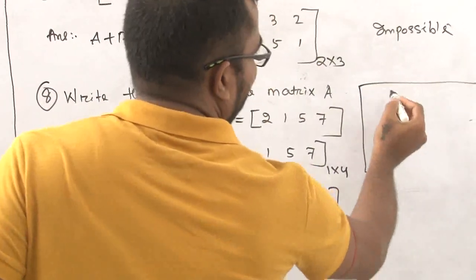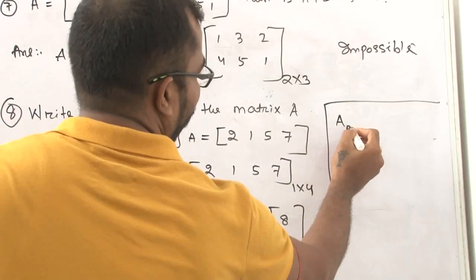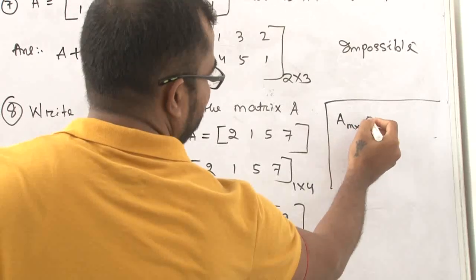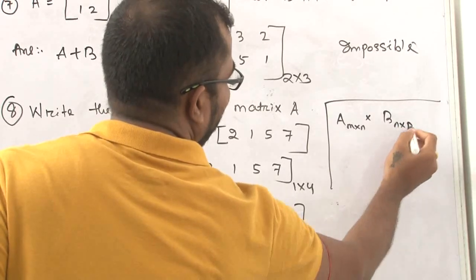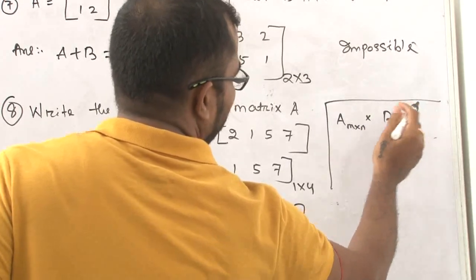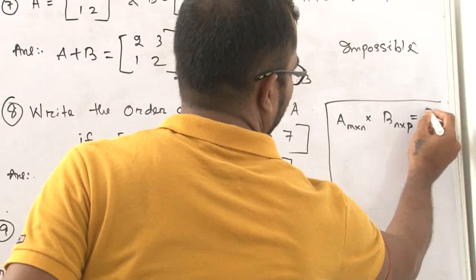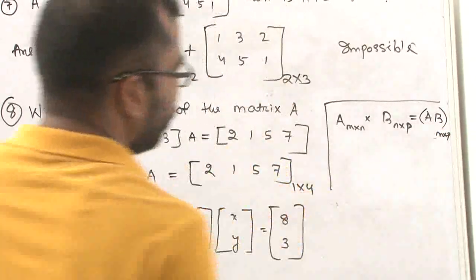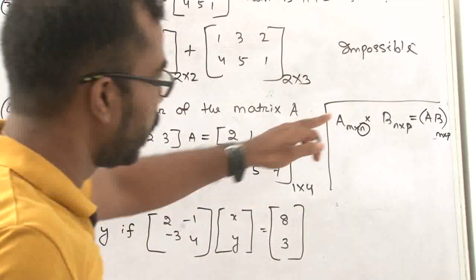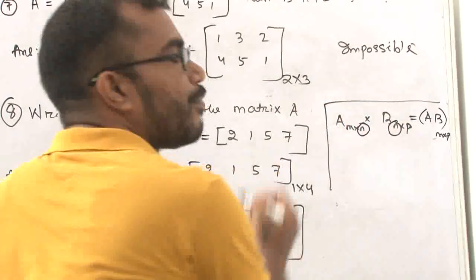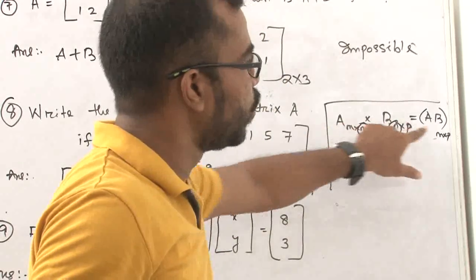As you know, in multiplication, if the number of columns of the first matrix is equal to the number of rows of the second matrix, then we can multiply, and the order of the result matrix is n into p.